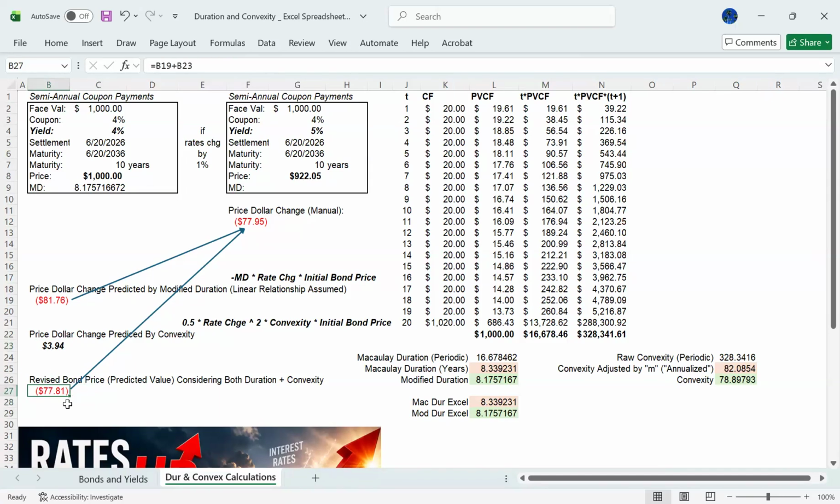It's still not perfect. It is the actual change if you do it manually, using all the values for this bond and calculating the bond from scratch. The drop you get is 77.95, and the drop you get from this predicted value using duration and convexity is 77.81. So there is a 14 cents difference here.